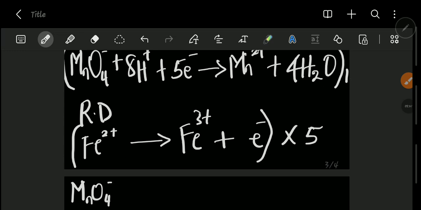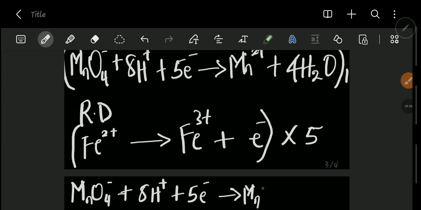And 1 times 8H plus is going to give me plus 8H pluses, right? Then plus 1 times 5 electrons is going to give me 5 electrons. And then I have 1 times Mn2 plus is going to give me Mn2 pluses, plus 1 times 4H2O is going to give me 4H2O. That is after using 1 to multiply.